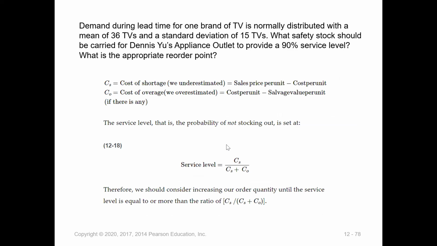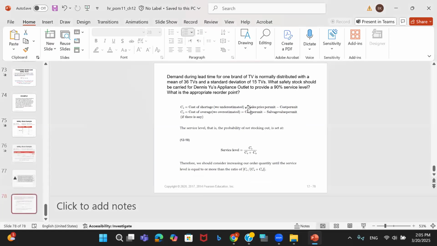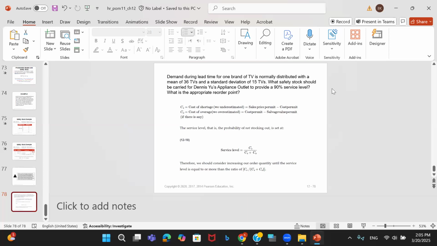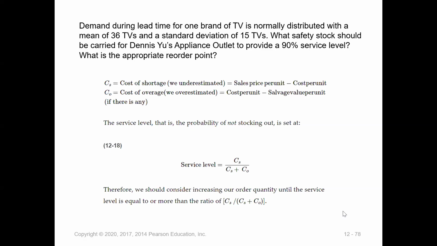I put this extra example because there is a question from a person in my lab. Demand during lead time for one brand of TV is normally distributed with a mean of 36 TVs and a standard deviation of 15.